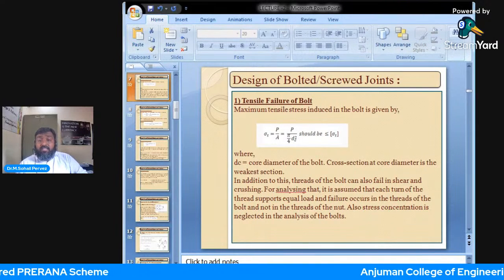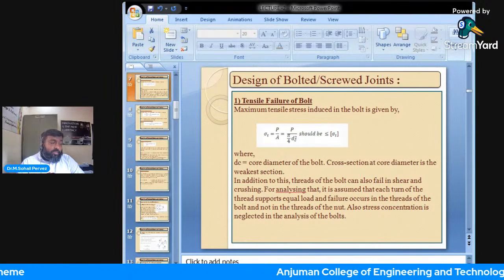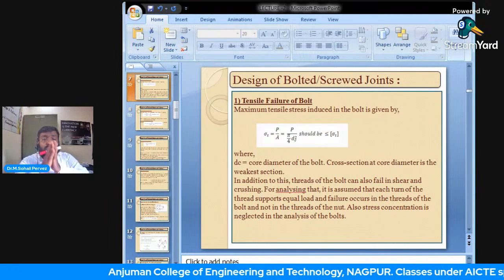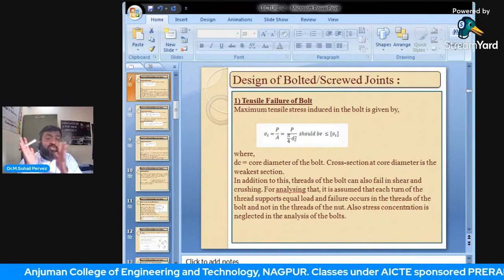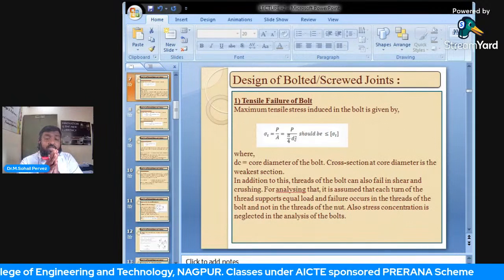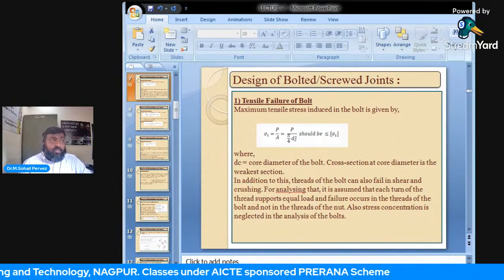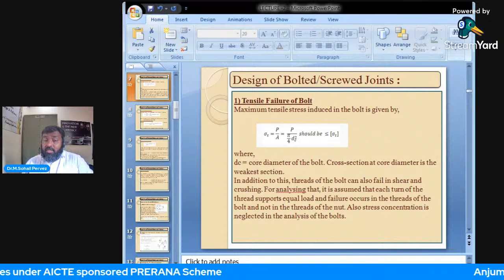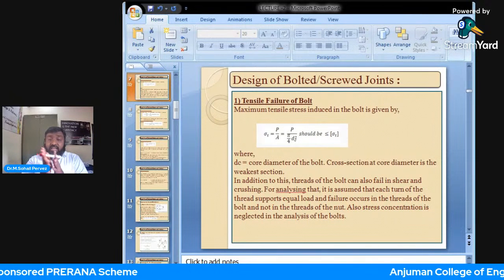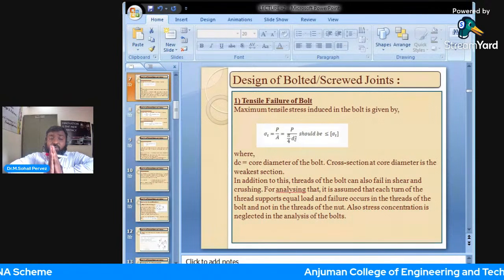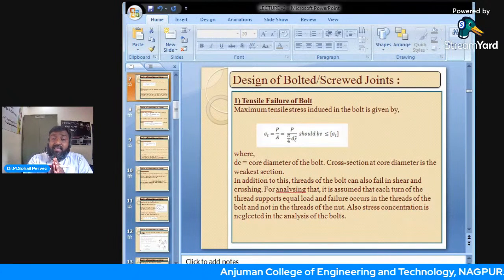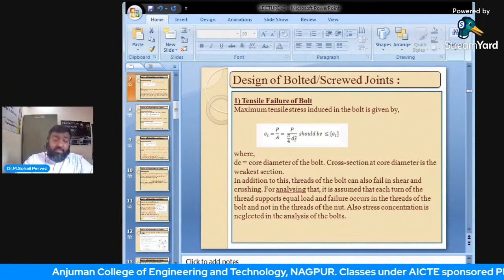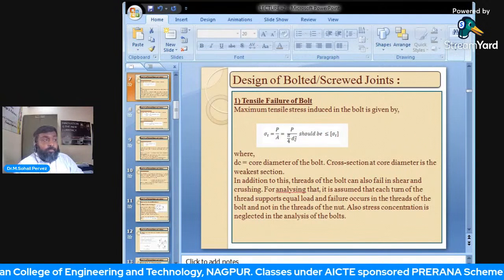The next one, that is tensile failure of the bolt. Whenever this bolt is used to fasten these two plates, obviously we will tighten the nut, and due to this tightness, it will try to compact these two plates, and in return, these two plates will apply tensile load on the bolt.